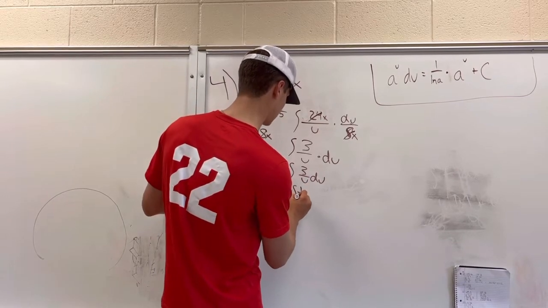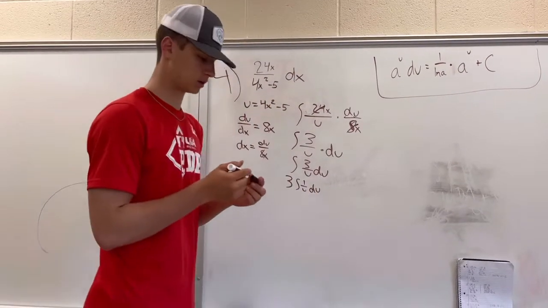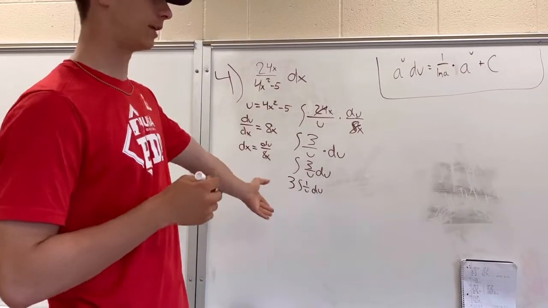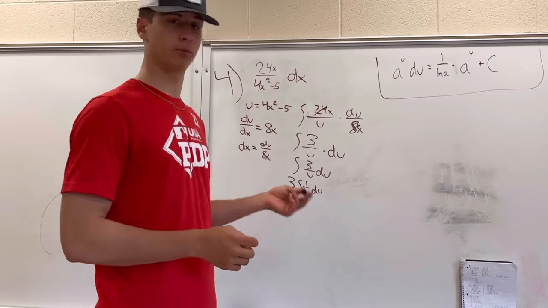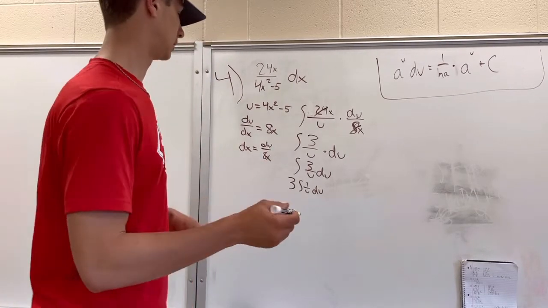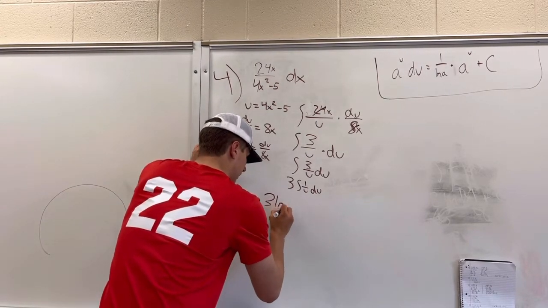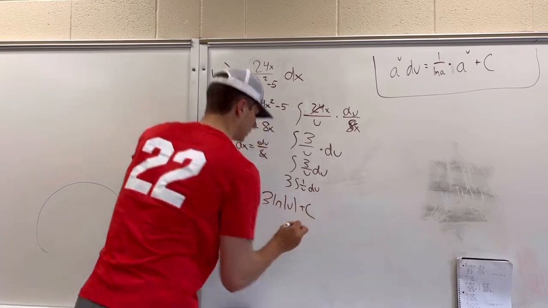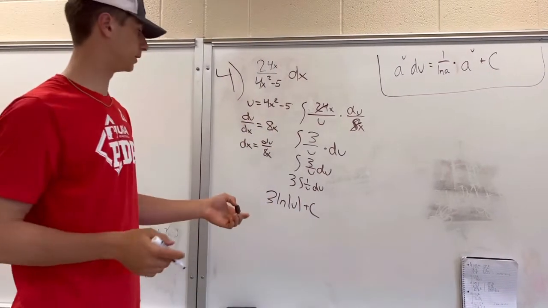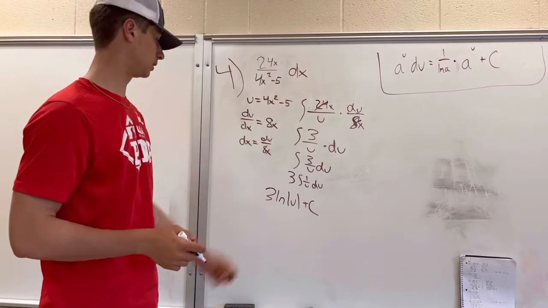1 over u du. Okay, and after we have all that figured out, we can put it into the formula that we have used on previous problems, and then that will give us 3 ln u plus c. And then the last step would obviously, why we did this to begin with, we just plug in u.